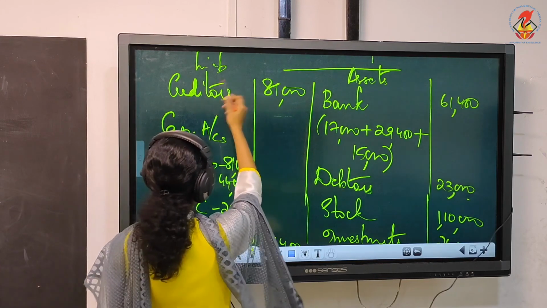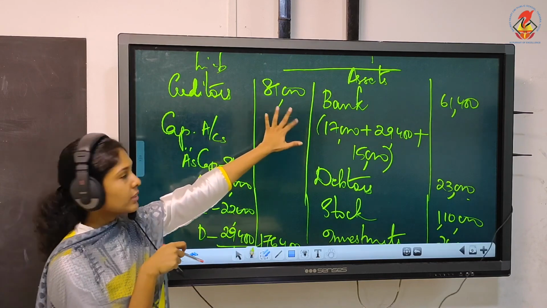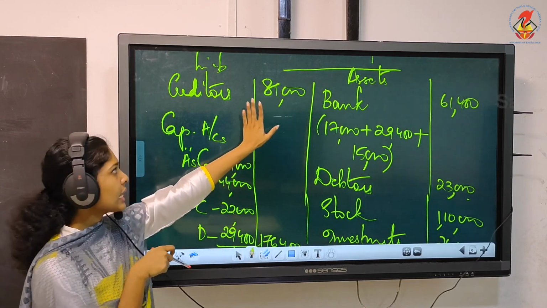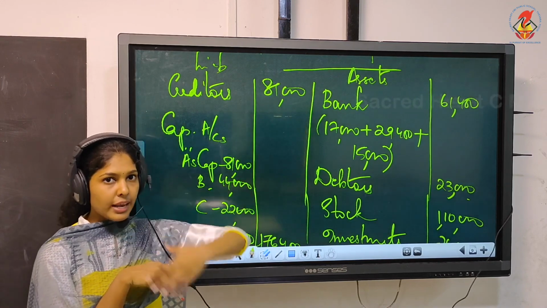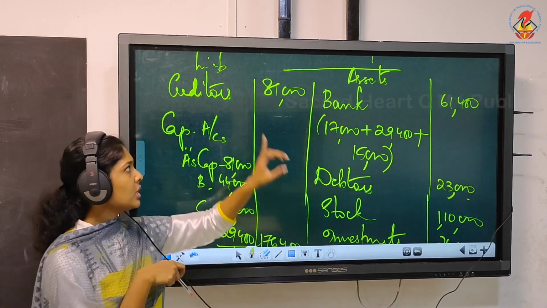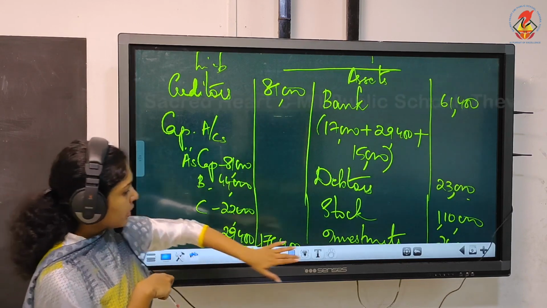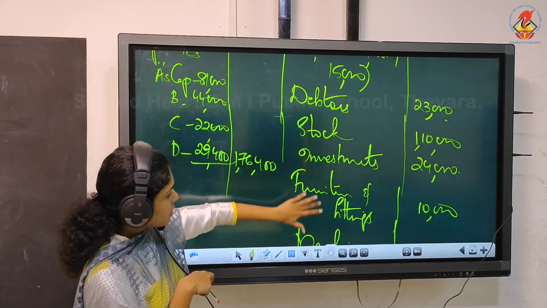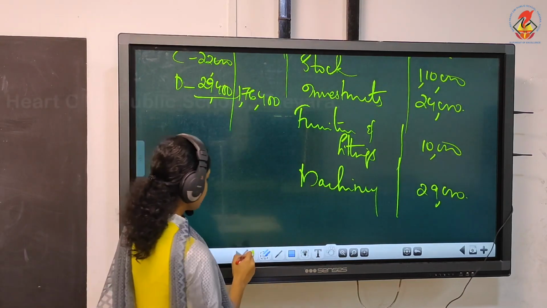How we got 81,000 is, since I copied from the textbook directly, I wrote 81,000. Actually, there is a difference in creditors. Creditors was 84, and there is a reduction in creditors of rupees 3,000. So 84 minus 3, that's how it became 81,000. Other than that, there is no new asset and no new liability. You can close the balance sheet.